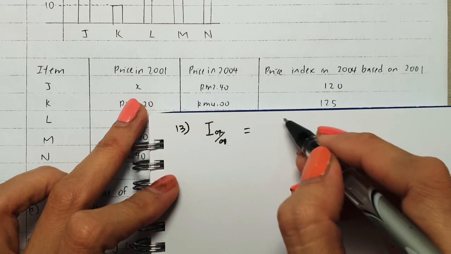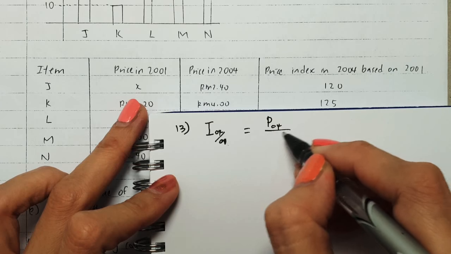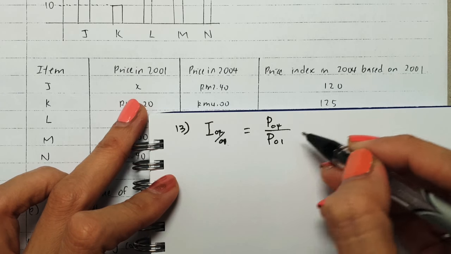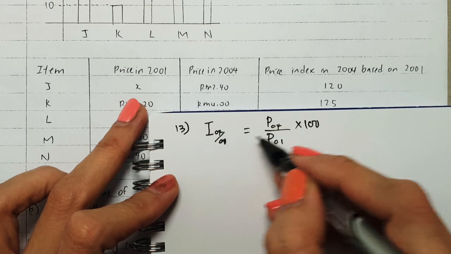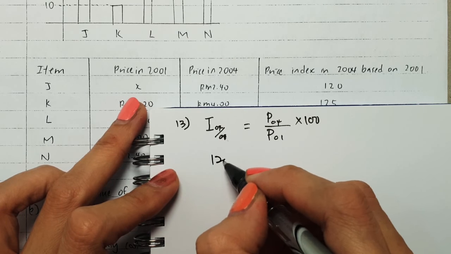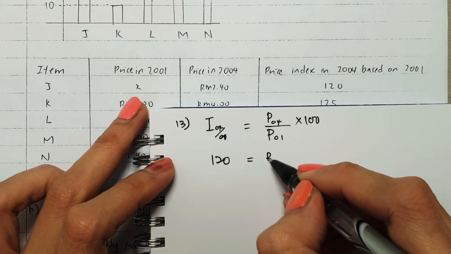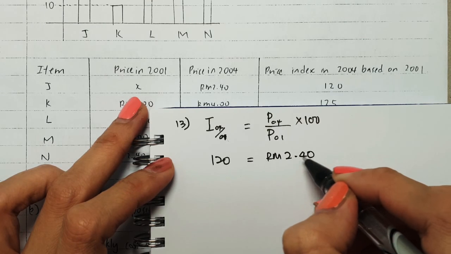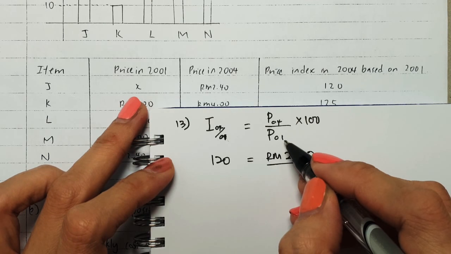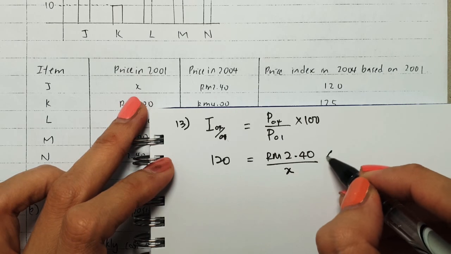It's the price in 2004 over the price in 2001, times 100. I have this part that is 120, the price in 2004 I have that is 240, and I do not have the price in 2001, that is x, times 100.